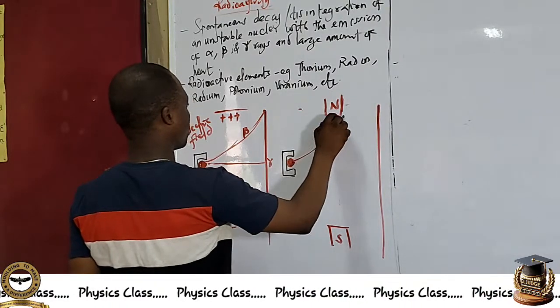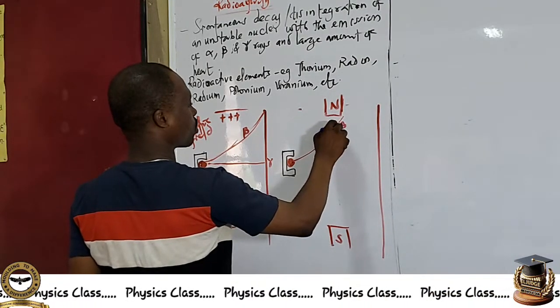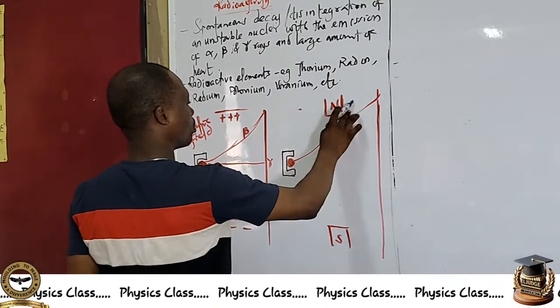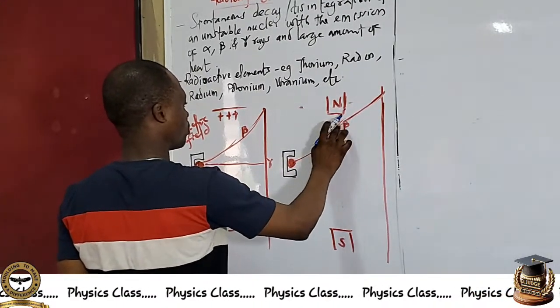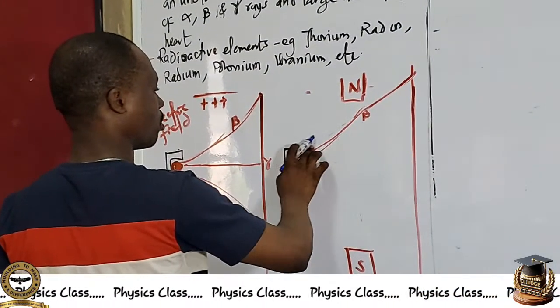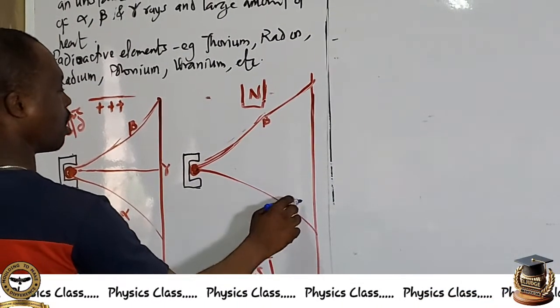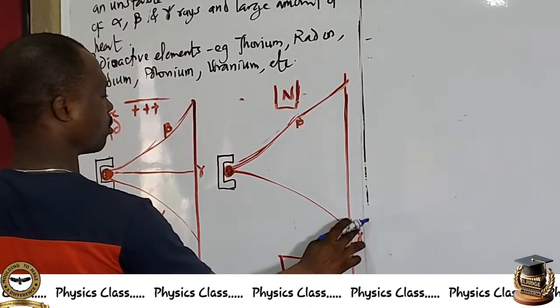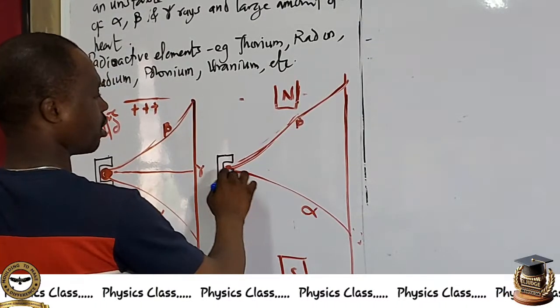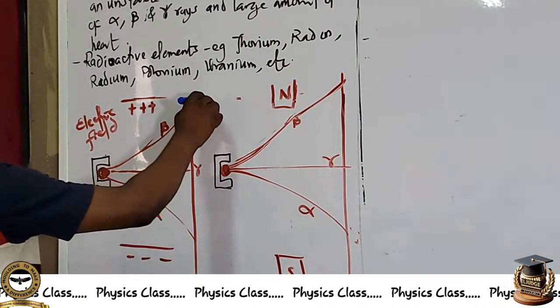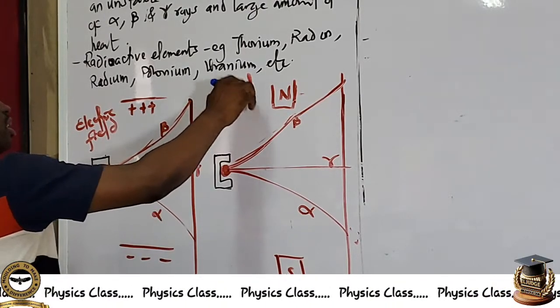The beta moves towards the north pole with great deflection, and this is the alpha, then the gamma does not deflect. This is the deflection in a magnetic field.